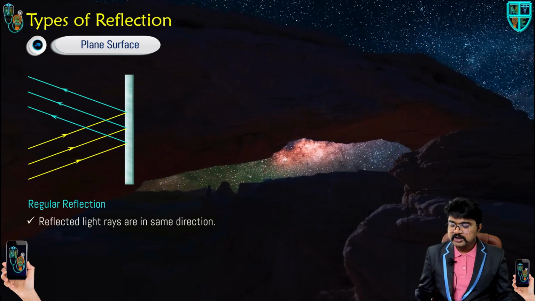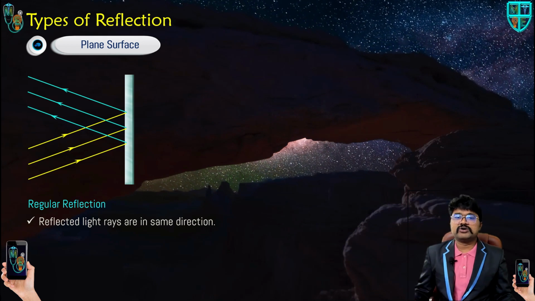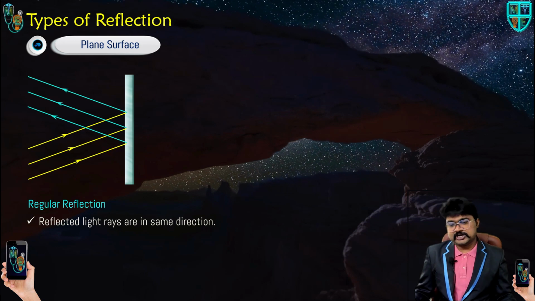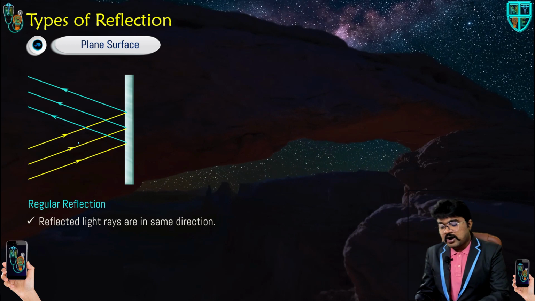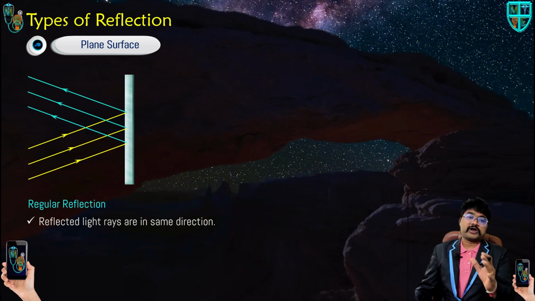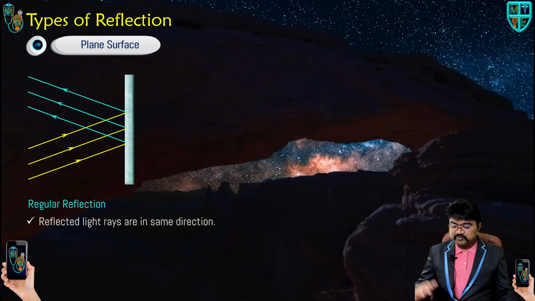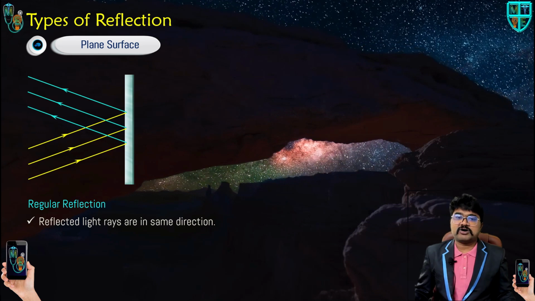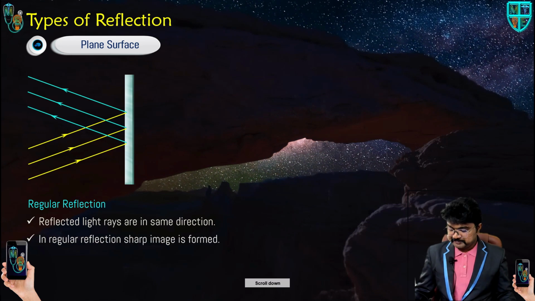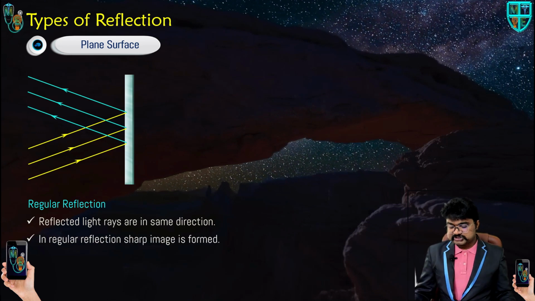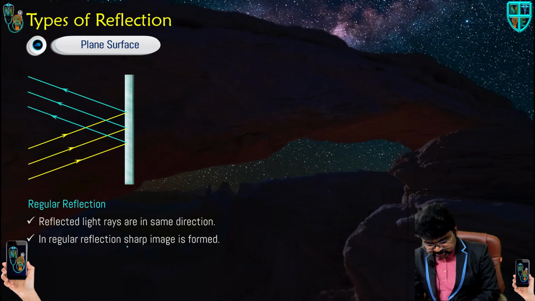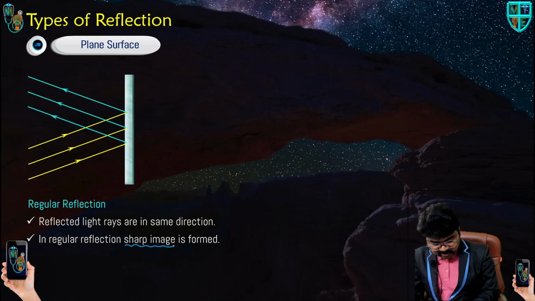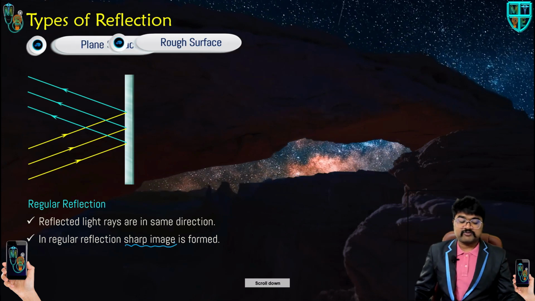It is very simple: angle of incidence equals angle of reflection. All angles of reflection will be the same, that is why all reflected rays are parallel. In regular reflection, a sharp image is formed. It is very important.